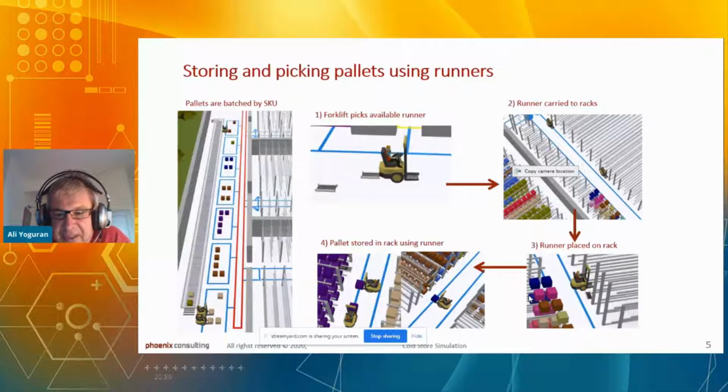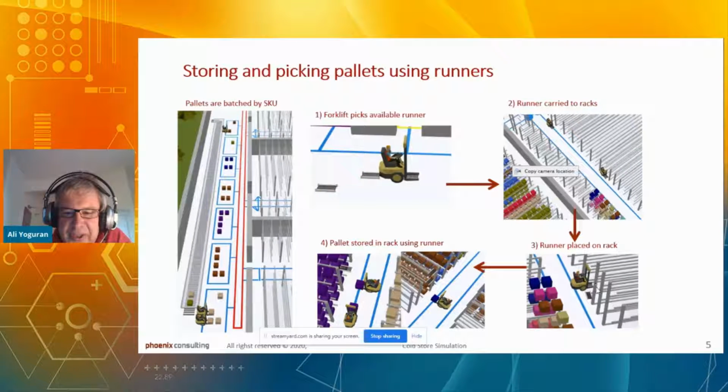So the forklift places the runner here on this rack, and then the pallets are stored by the runner itself, and the forklift goes and picks another pallet and comes back and leaves it to the runner and goes back. But to be able to do this, you have to batch your pallets, because you should have enough pallets here to make efficient use of this runner.